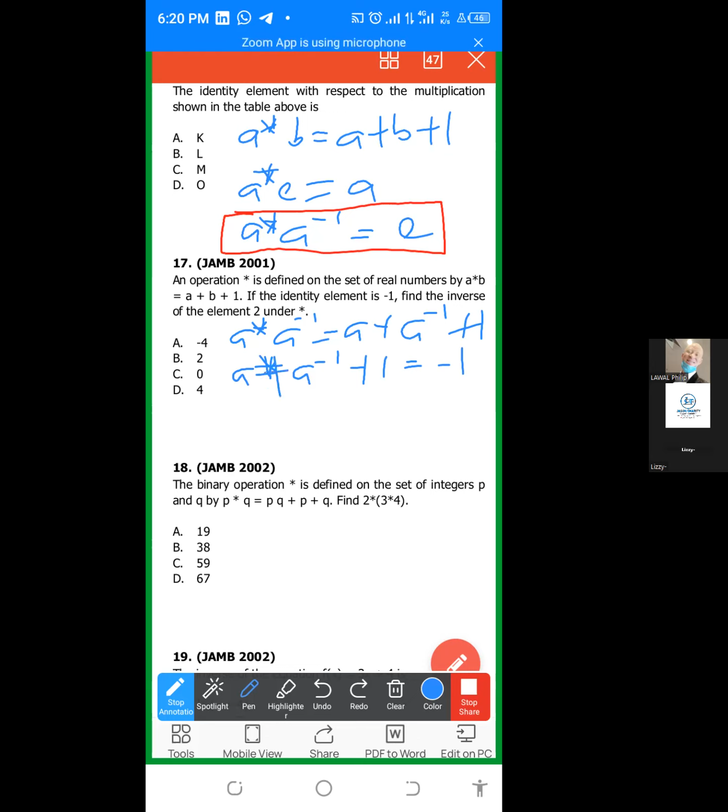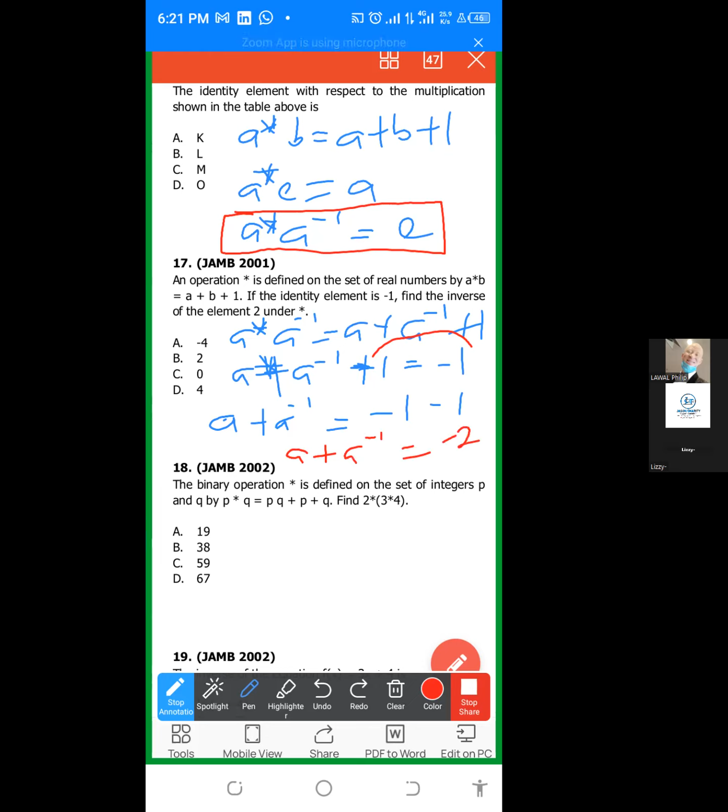So what I will now have is A plus A inverse is equal to minus 1 minus 1, that is minus 2, because when you transfer this to the other side, it will give you minus. So you now have A plus A inverse is equal to minus 2.